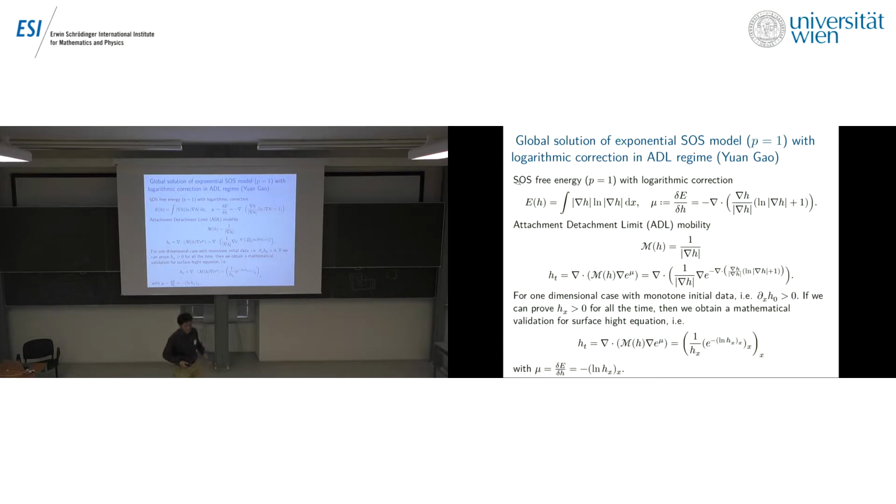You have to get the structure exactly right. So here are two modifications. First of all, instead of L1, you take L1 and L log L. It's very natural in kinetic theory, though somehow it's not used in the calculus of variations, and it's put in there. Let's see the place more magic. Additionally, we learned from Bob Kohn that there is a natural mobility, called attachment-detachment mobility, from this step dynamics. It comes in naturally.